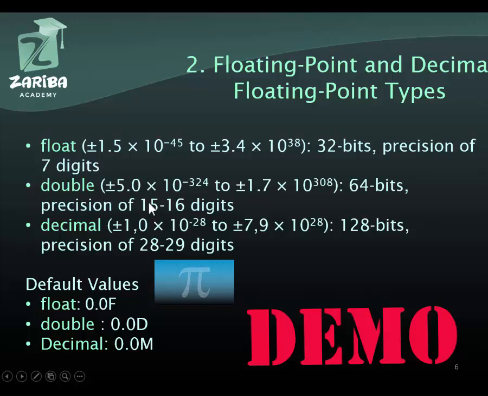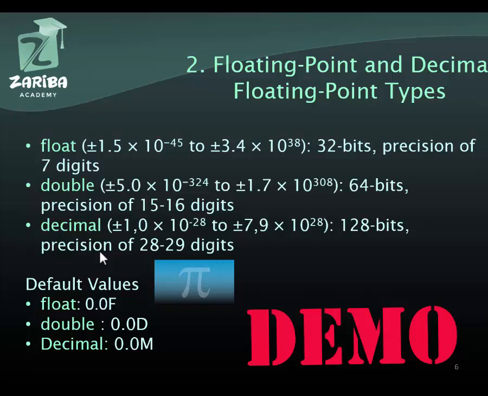Decimal, because it has higher RAM, is normally used if you want very precise calculations. Say if you work in the banking or finance sector, then you should be using decimal when you need quite a big precision of your calculations.